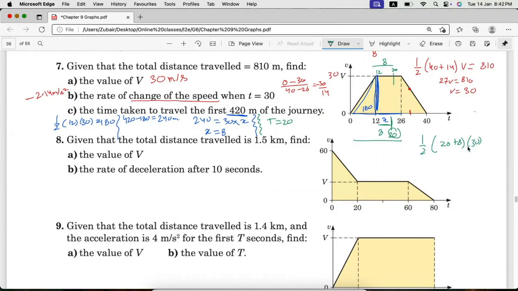So you need to have a strong grip on mensuration. Try number 8. Be careful with the units.